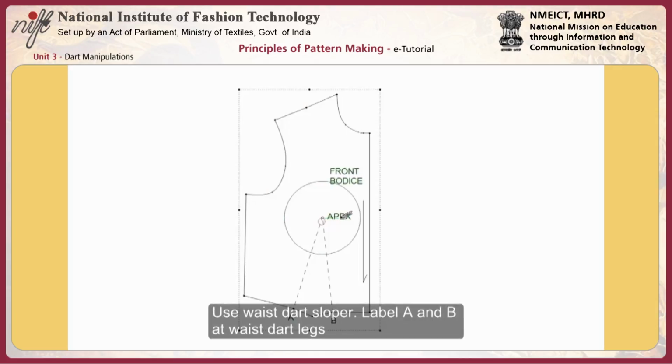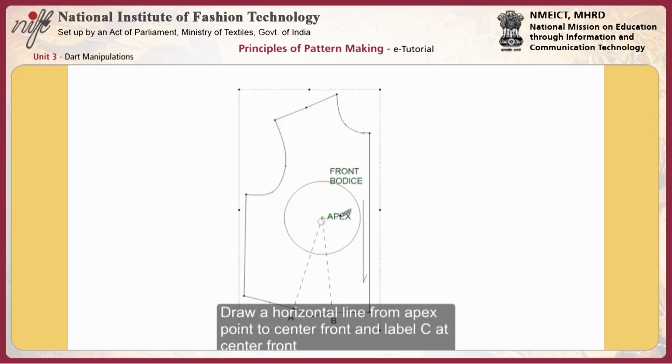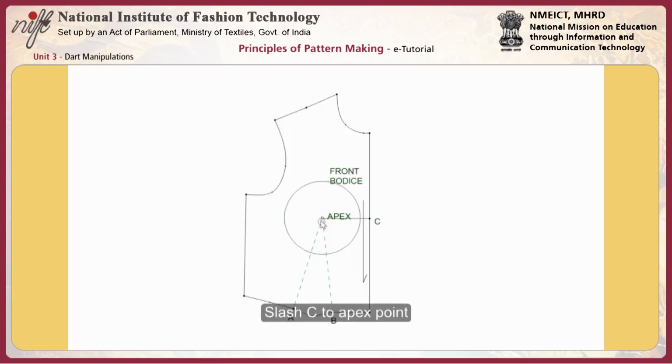Use waist dot sloper. Label A and B at waist dot legs. Draw a horizontal line from apex point to center front and label C at center front. Slash C to apex point.